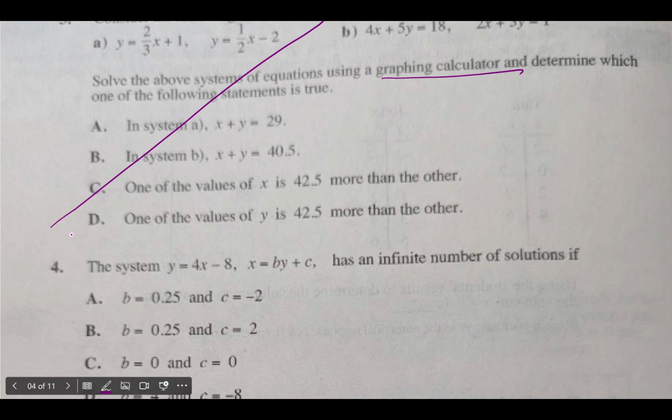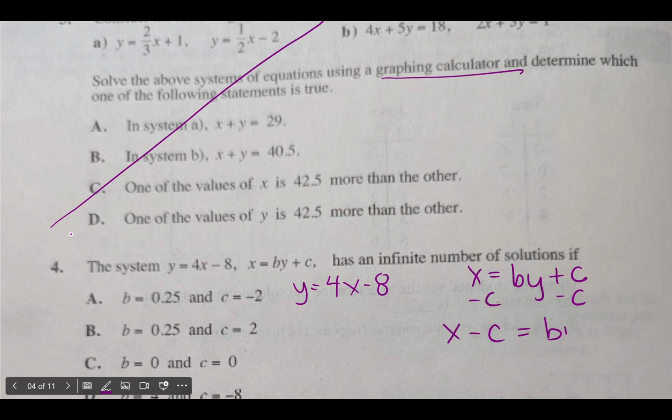Moving on to number 4, we have y equals 4x minus 8. And then you have another equation, but it doesn't have y alone. So let's get y alone first. If you have x equals by plus c, let's subtract c from both sides. So you'll have x minus c equals by, and then divide both sides by b.